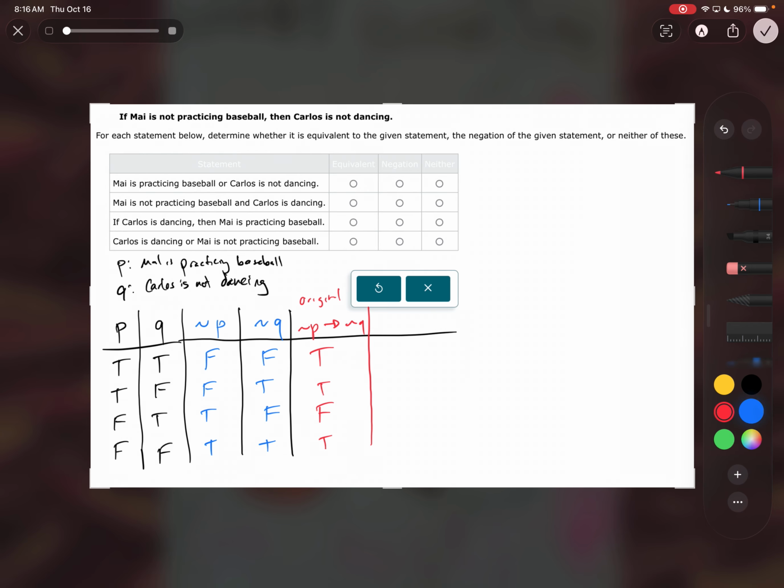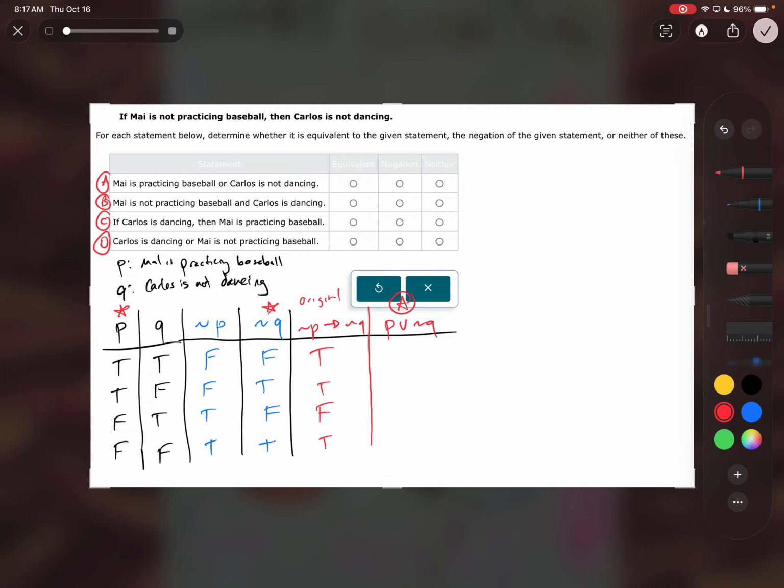So now we got to compare all the other ones to that one. So Mai is practicing baseball. I'll just call this A, B, C, D. So for A right here, Mai is practicing baseball or Carlos is not dancing. All right. So for this one, we're looking at this column and this column, right?